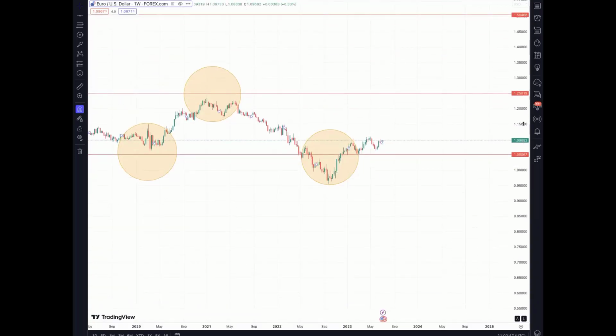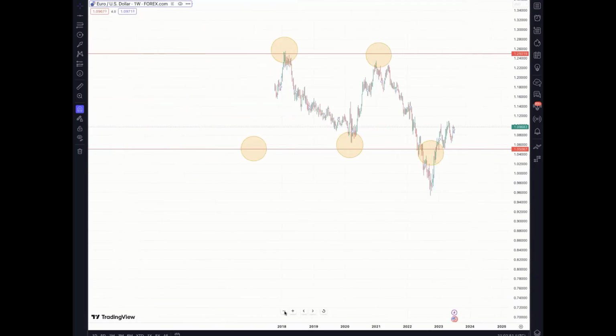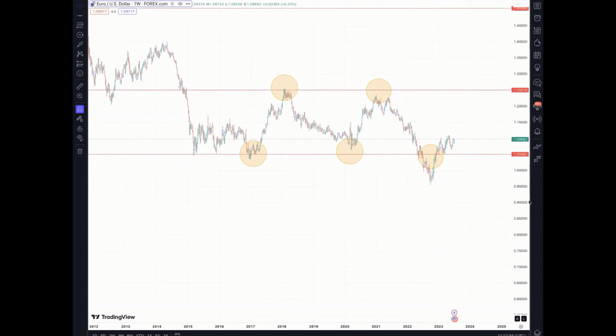The weekly time frame is giving us another clearer picture, that the price is in a range.